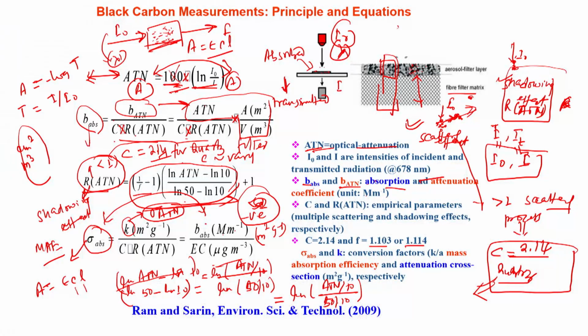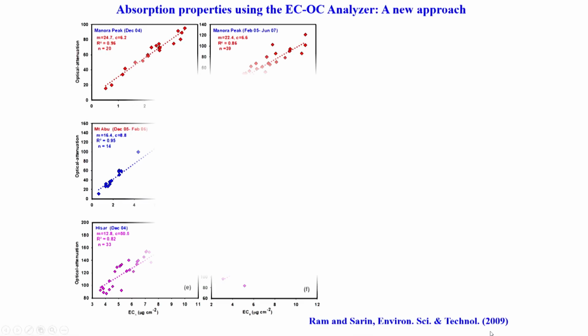So sigma ATN will be the mass absorption efficiency times C times R. So sigma ATN will be more than the mass absorption efficiency. You have to remember these equations, as this is a very basic fundamental equation used in the calculation.